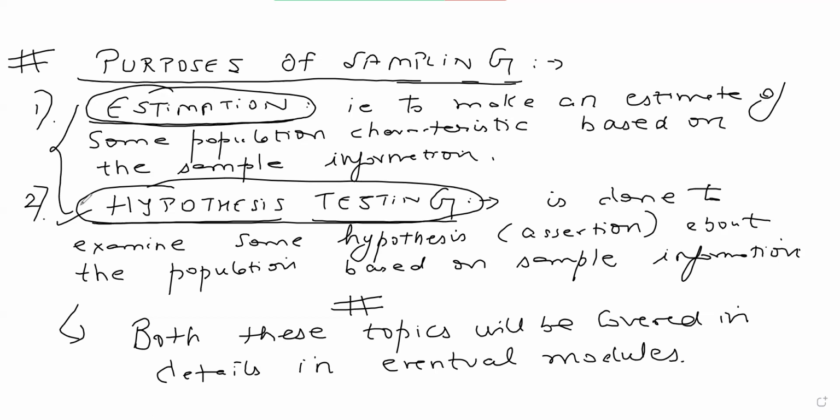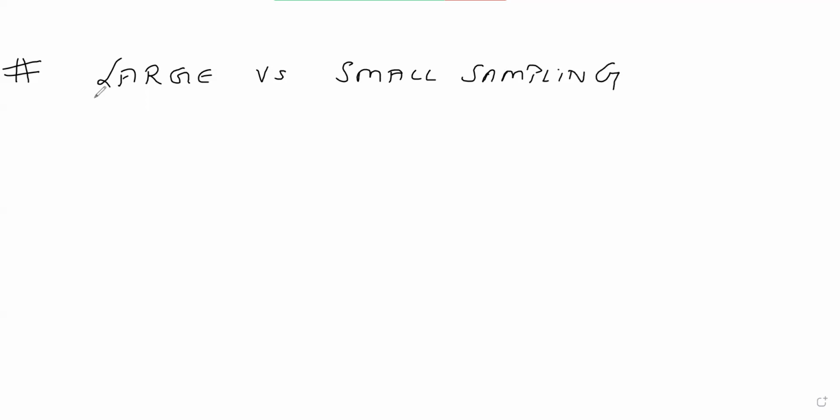Okay, so hoping students have understood the purposes of sampling. Then you should also be clear about, often we are going to refer to large versus small sampling. So students can write the next heading, large versus small sampling. Now, different books take different types of large and small samples, but I'm following a very standard and a globally recognized book, Probability and Statistics for Engineers by J.L. Devore.